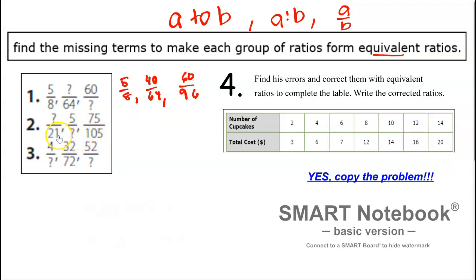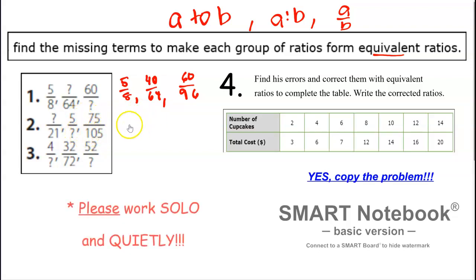In this case, I've got to come up with these missing terms. One thing I can do here is check this out. This 5 became a 75 by multiplying by 15. Or I could look at it this way: 75 divided by 5 is 15, which means I need to divide 105 by 15.